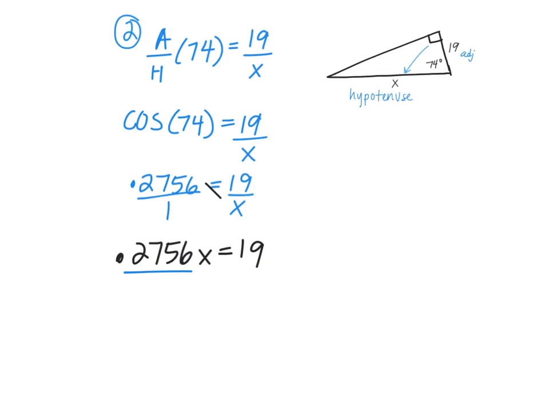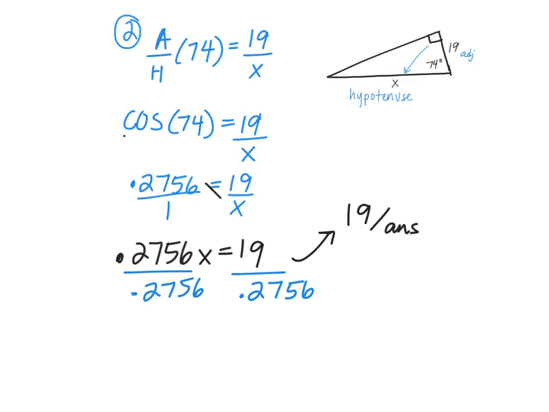You have to divide by 0.2756, and if you still have this number on your calculator, the best thing to do would be, on this step right here, 19 divided by the answer of whatever you got for cosine.